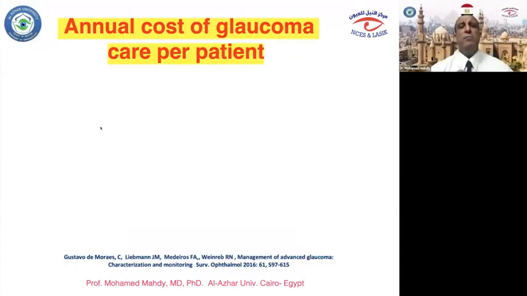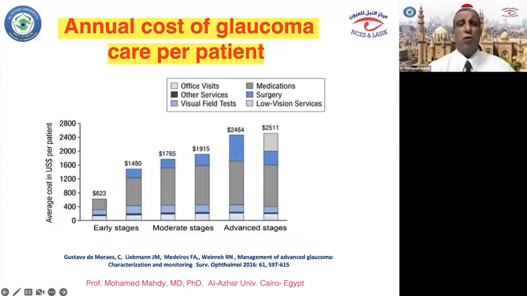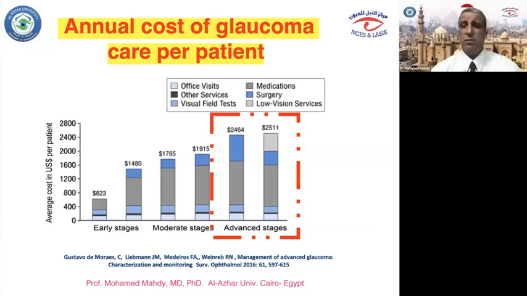If we come to the annual cost of glaucoma per patient in the United States, we could see here that it varies between the different stages of glaucoma. For example, in advanced glaucoma, it varies around $2,500 per year per patient, in comparison to $1,500 per year in the early stage of glaucoma.